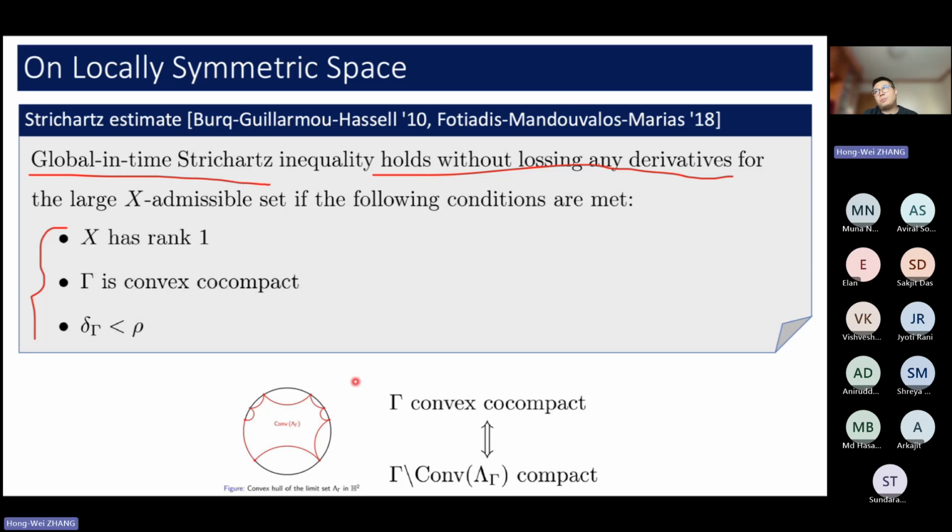When we talk about Anosov, it is just the higher rank concept of this notion. And they say that if this holds, we must assume that the critical exponent is small. But the problem is that these three conditions are not sharp, particularly the second one.